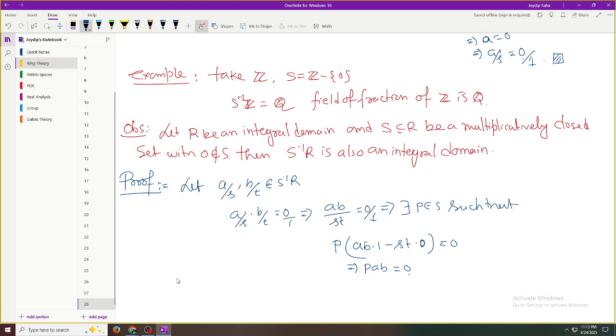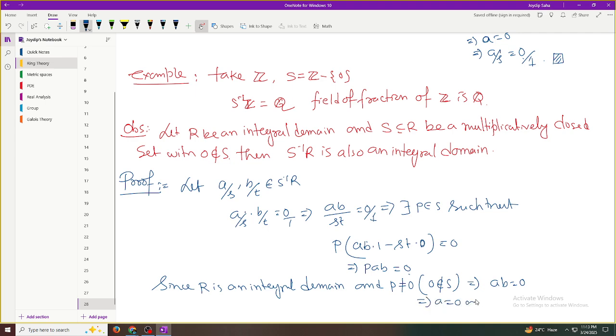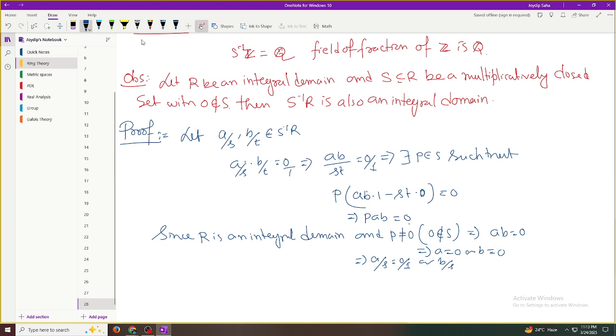Since R is an integral domain and p not equals 0 because 0 does not belong to S, this implies ab equals 0. This implies a equals 0 or b equals 0. This implies a by s equals 0 by 1 or b by t equals 0 by 1.